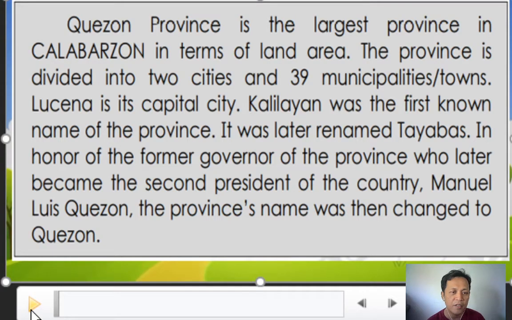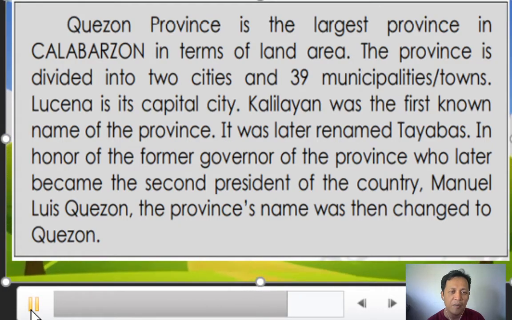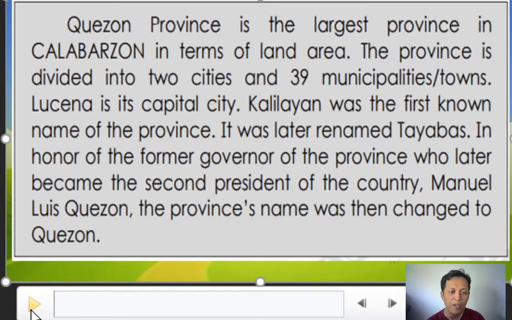Lucena is its capital. Kalilayan was the first known name of the province. It was later renamed Tayabas in honor of the former governor of the province, who later became the second president of the country, Manuel Luis Quezon. The province name was then changed to Quezon.